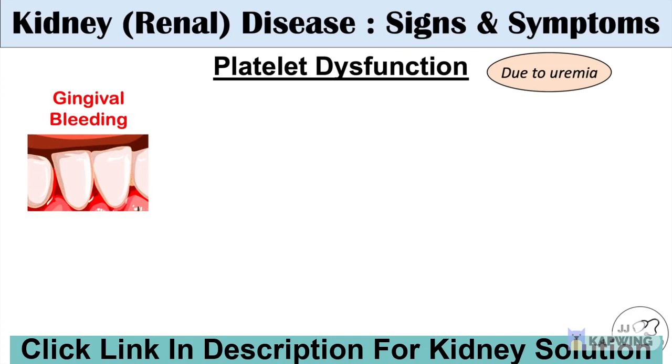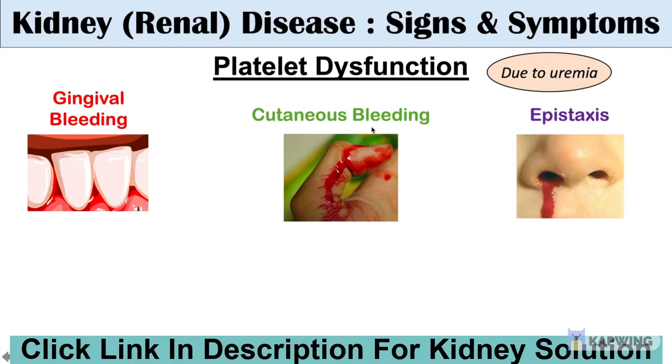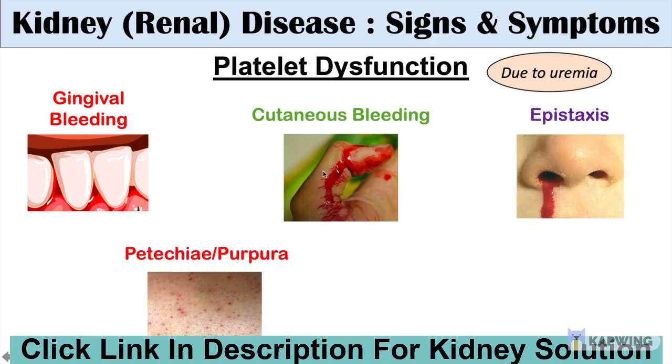Patients with platelet dysfunction secondary to uremia can experience increased gingival bleeding, so increased bleeding of their gums, of their mouth. Increased cutaneous bleeding, so if they cut themselves on their hand, the bleeding may be difficult to stop. Epistaxis, so a nosebleed. Petechia and purpura, these little red and purple spots on the skin. This is superficial bleeding within the skin.